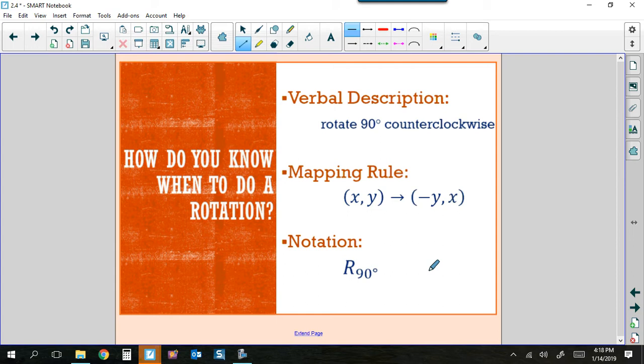And then notation, notice now the way we decipher between reflections and rotations. Reflections were a lowercase r. Our rotations are an uppercase R, and then the subscript is the degree at which you are turning, rotating.